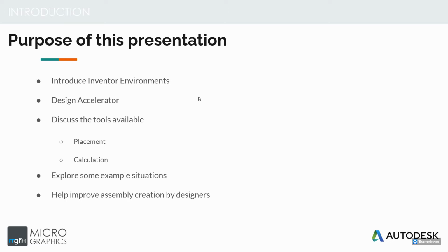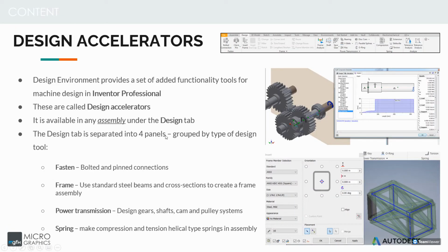Then we're going to explore some example situations. And lastly, we're going to show you how it can be used in real designs that I've made while doing jobs for clients that we have at Micrographics.